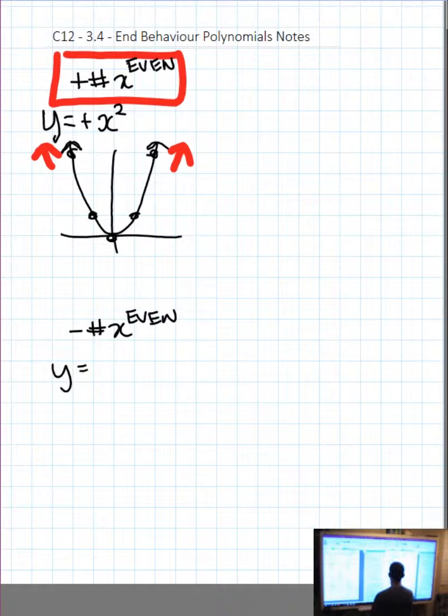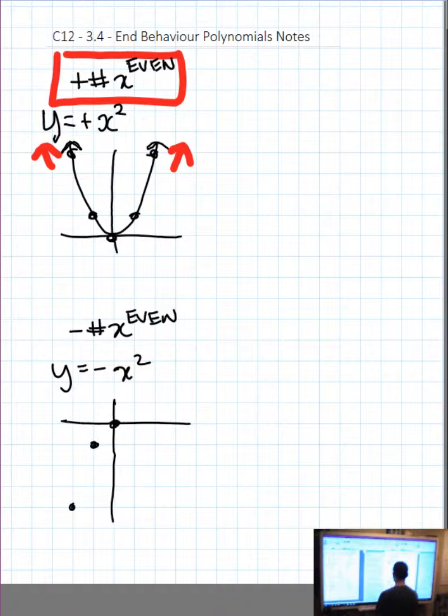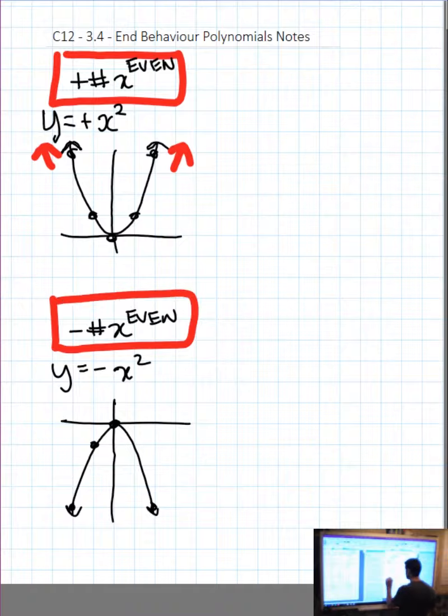Y equals negative 1x squared, which is a parabola that has been vertically reflected, opening downwards. And I know that any negative x to the even opens from quadrant 3 to quadrant 4.